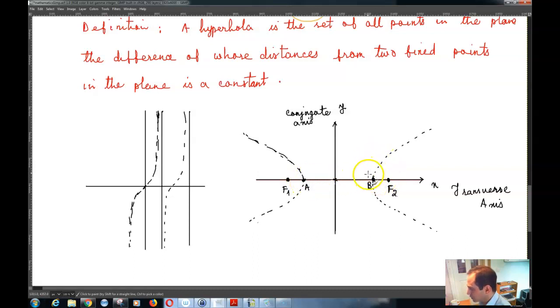So what that means is that the coordinates of this point would be a comma 0 and negative a comma 0. The coordinates of this point is going to be c comma 0, and this point would be negative c comma 0. That means that the distance between the foci of your hyperbola becomes 2c.